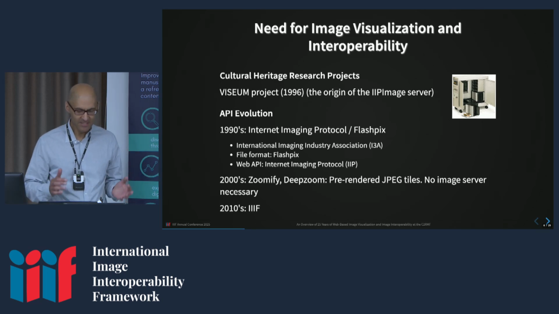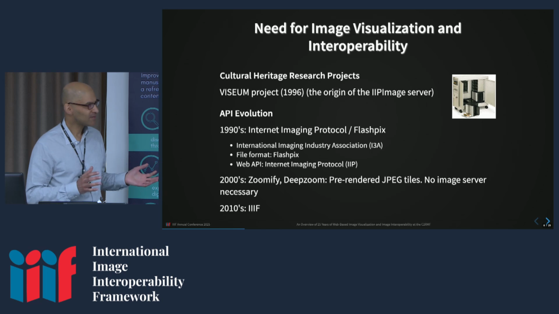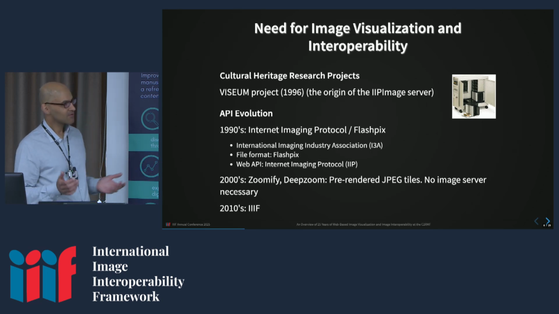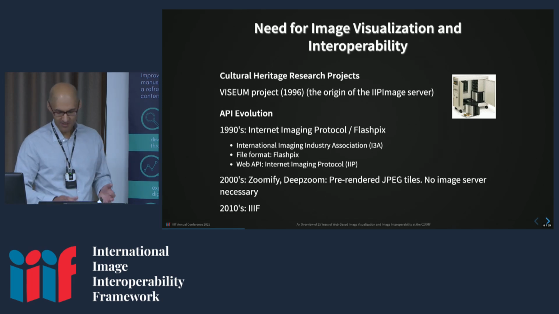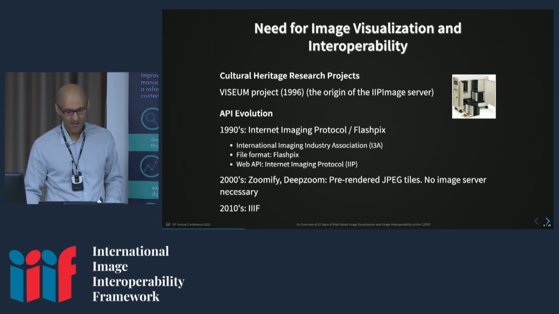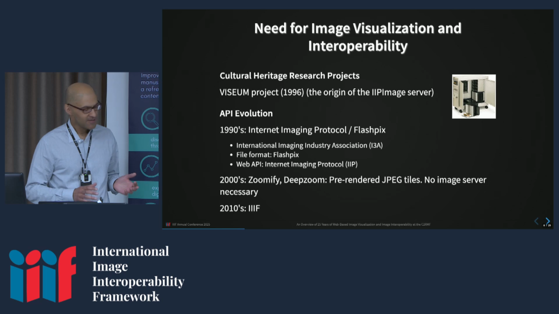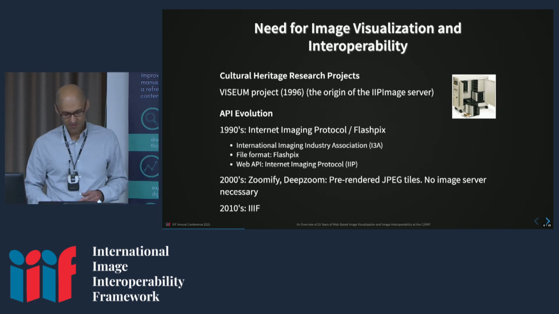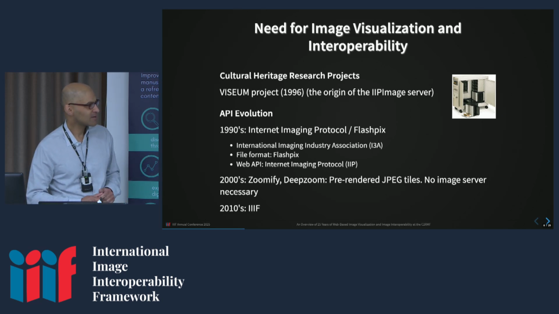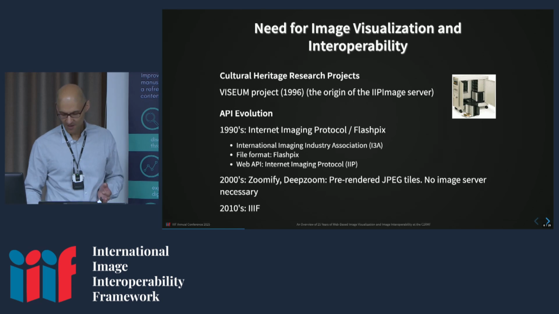And they developed this kind of protocol, this kind of API, to access images online, so in a similar way to IIIF, but using the kind of norms of the time. And they developed their own file format called FlashPix, which was designed to be able to do multi-resolution encoding and things like this.